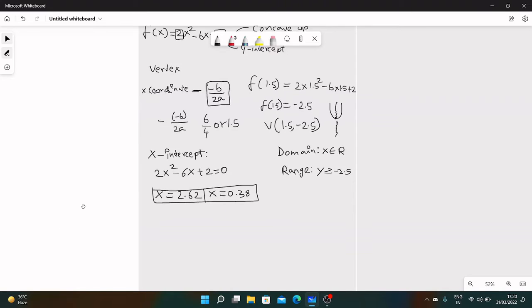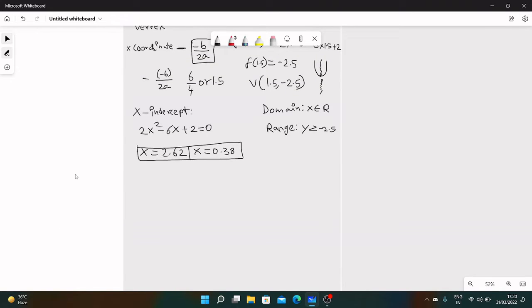Let us take a look at another example. The question is f of x equals x squared minus 6x plus 8.